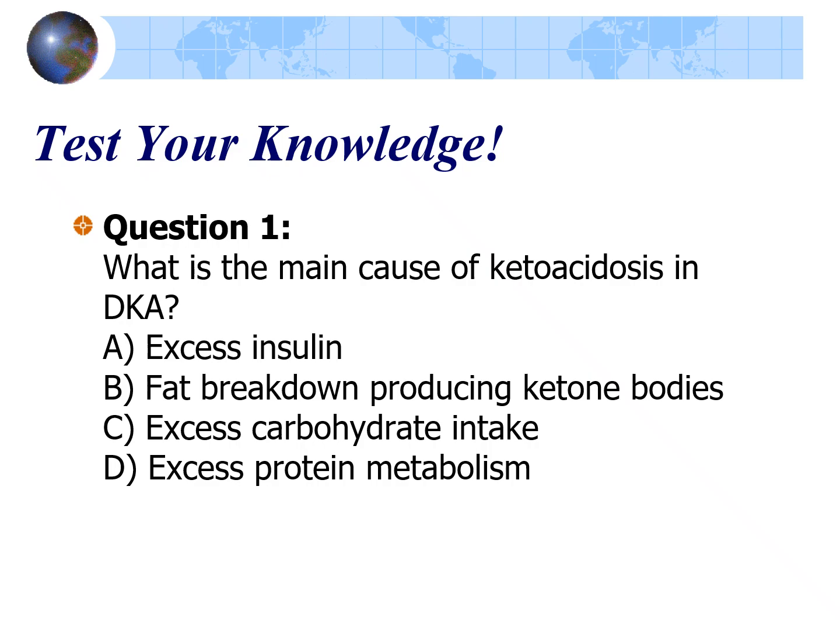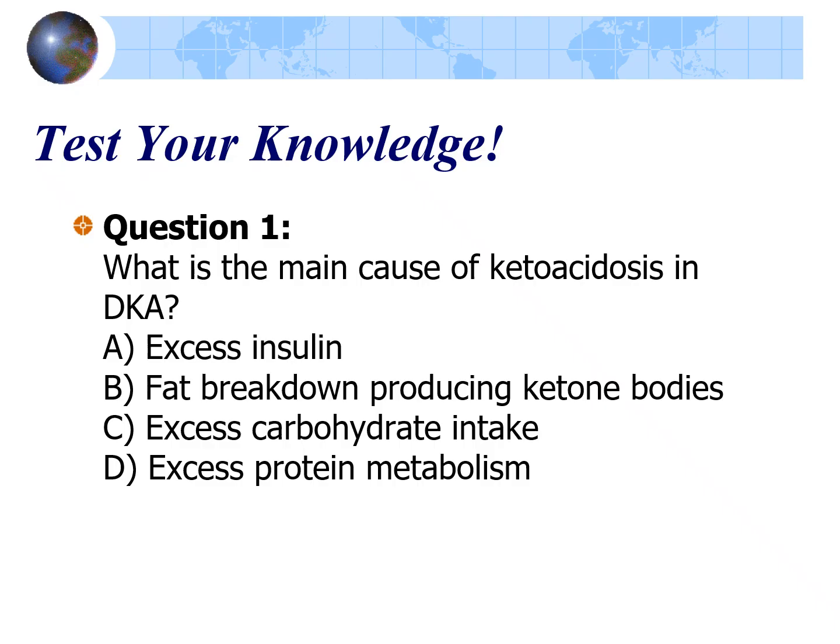Okay, let's now test your knowledge. So I have some questions for you. Question 1 reads, what is the main cause of ketoacidosis in DKA? A. Excess insulin. B. Fat breakdown producing ketone bodies. C. Excess carbohydrate intake. D. Excess protein metabolism.